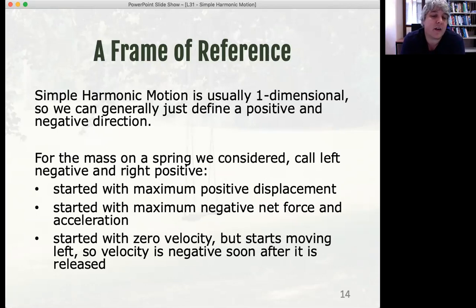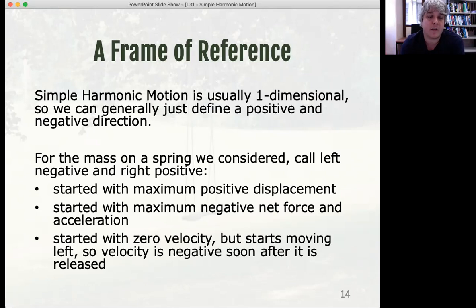So that means that we started with maximum positive displacement, we started with maximum negative net force and acceleration because they were pointing leftwards, and we started with zero velocity, but as soon as we release it, it starts moving to the left, which is negative, and so we get a negative velocity very quickly afterwards. And then, as we saw, that all repeats, but by the time we get to the leftmost position, we now have the biggest negative displacement. We've now got a positive restoring force, a positive acceleration, and as soon as it starts to go back that way, it will have a positive velocity.